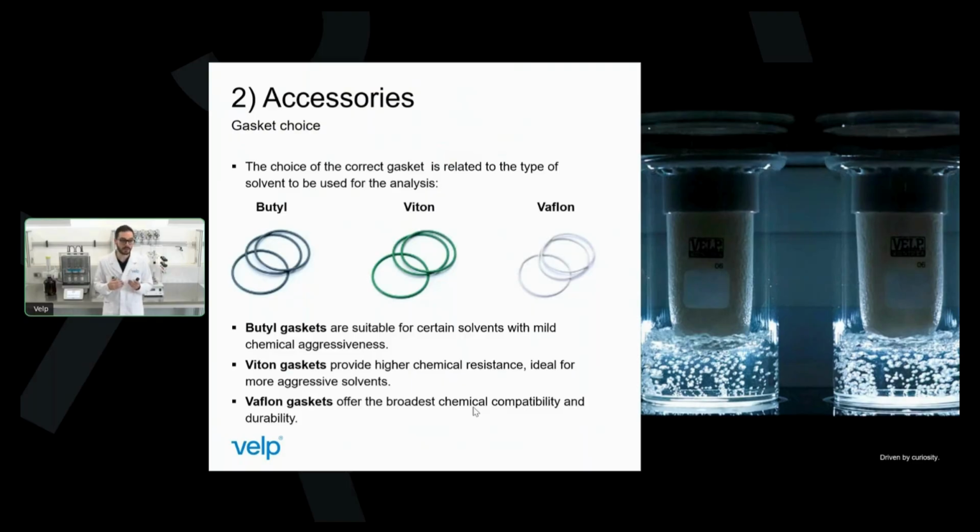And we have the Viton one, the green one. Both these two gaskets are provided with the instrument, and the Viton one can be used when higher chemical resistance is required, and it is ideal for more aggressive solvents.